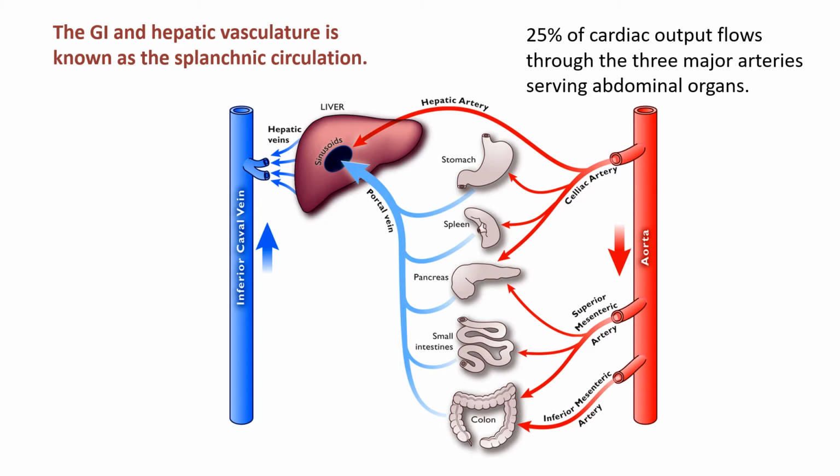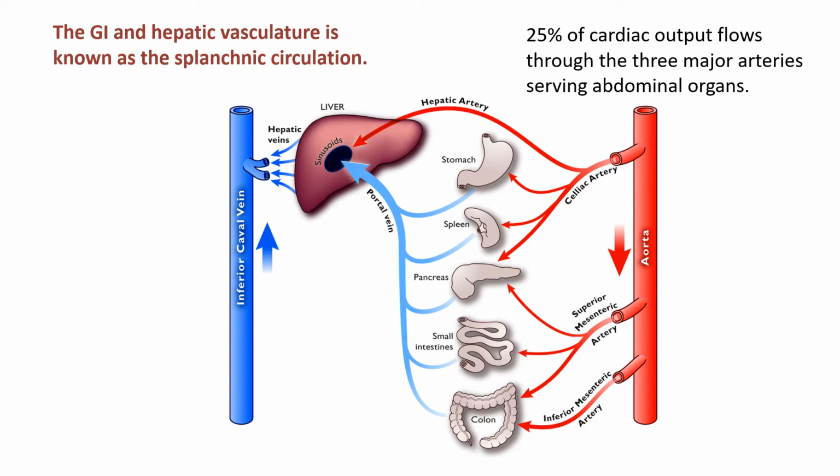So the gastrointestinal and hepatic vasculature is sometimes called the splanchnic circulation. And within each of those organs you see up the middle there, we have these splanchnic beds, these capillary beds that form part of this flow.